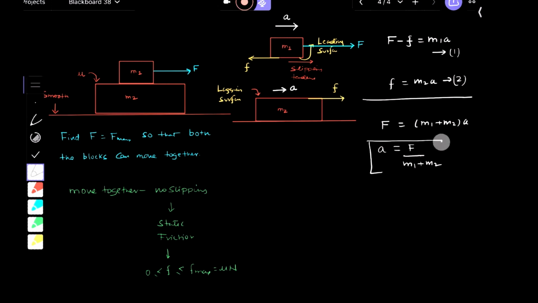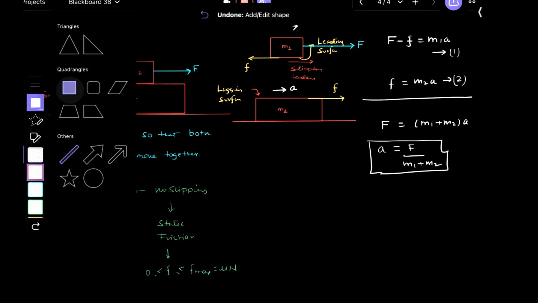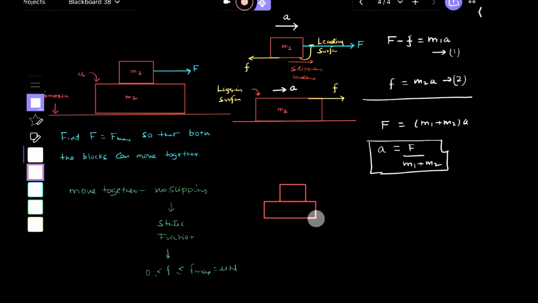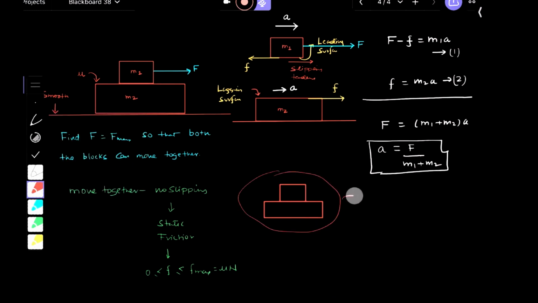And we can come to this conclusion about acceleration directly also. How? That sort of thing we have done also. You remember that 3-block system connected by strings. Remember, no? Tension force became an internal force once I took all of them as one system. So same thing if I do here. If I take both of these two as a single system, and since both of them are moving together, both of them will have the same acceleration.